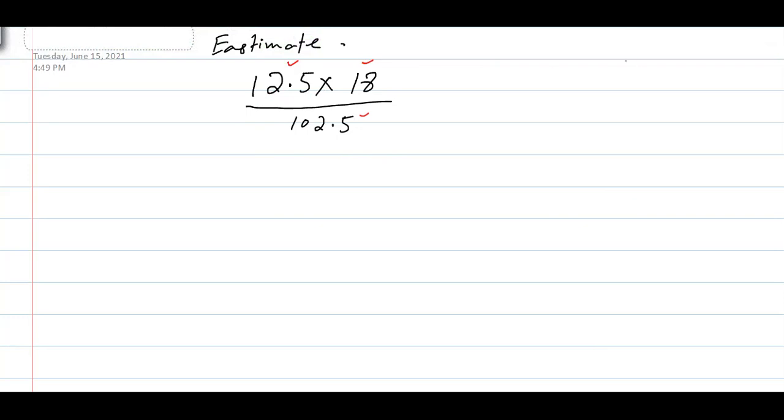This is 12.5. How can I round it to one significant figure? This is the first significant digit, but too much difference. So in the whole part, the remaining digit you must write as 0. So it means in this place you will write 10, because when you round 12.5 to one significant figure, it will become 10.